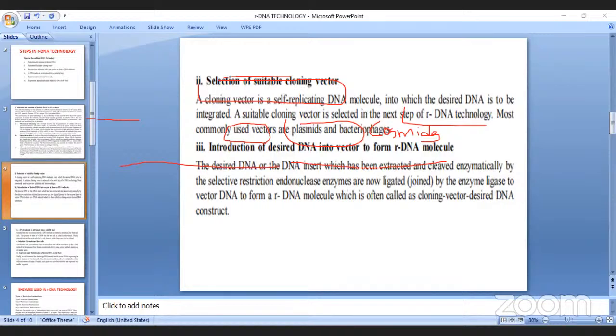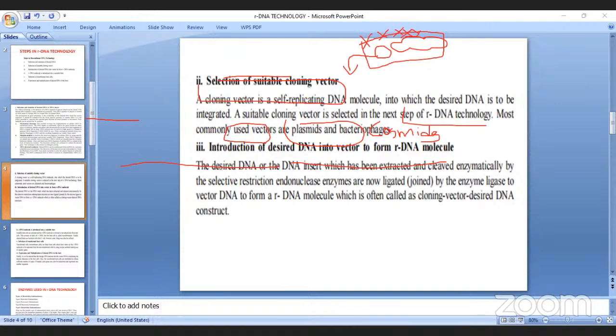Plasmid is mostly present in bacteria, so first of all, bacteria have the plasmid and another genome. When we treat them with some chemicals such as sodium hypochlorite, some detergents, the cell wall of the bacteria dissolves. Now we easily get the separated plasmid.